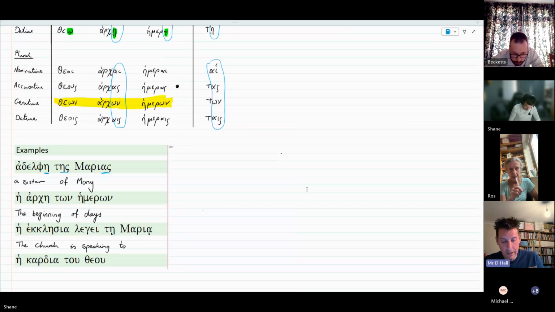So Mary we see again there, and that's in the dative. And again, notice that it has to agree in terms of the gender, feminine, and the case, the dative case. And just to make a note here, the article doesn't change ever, even though the ending for the feminine noun might change. So Maria ends up in an alpha, but the article will always be eta. Okay. So the church is speaking to Mary.